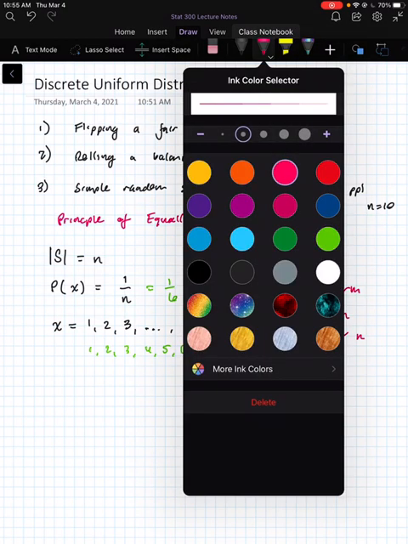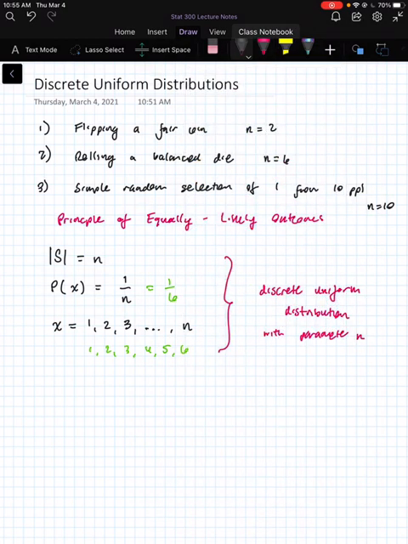So the parameter is something that sets this model apart from other models of the same type, right? It specifies the exact shape or the exact spread of the probability distribution.